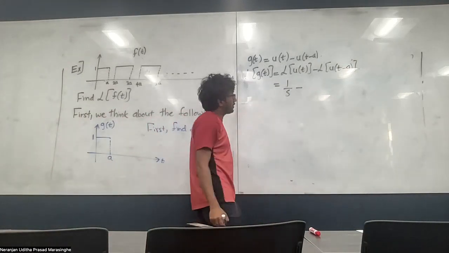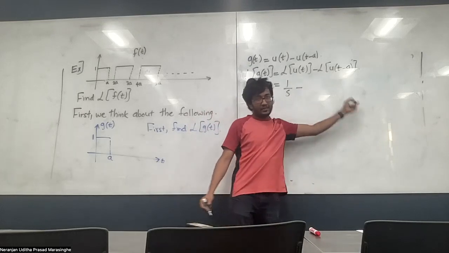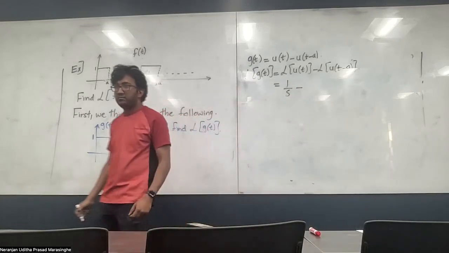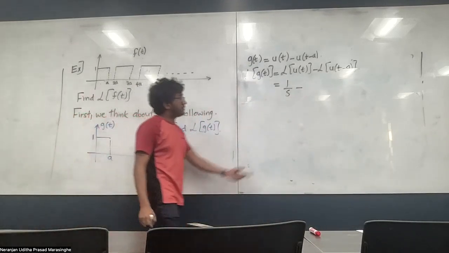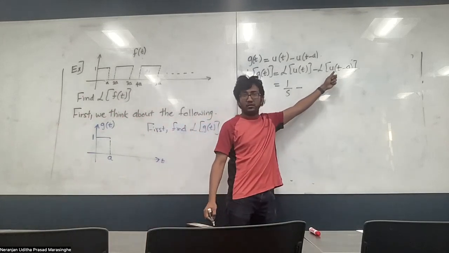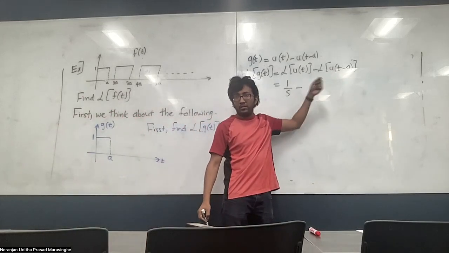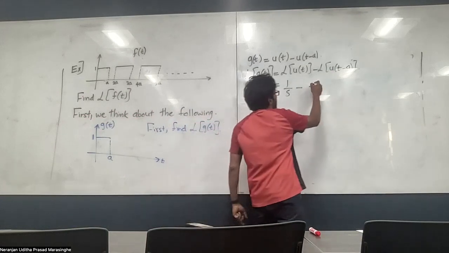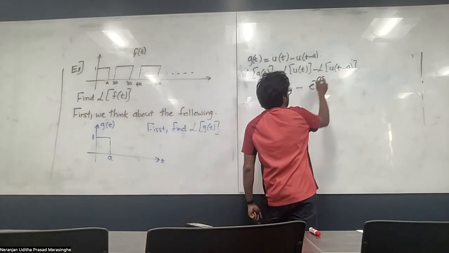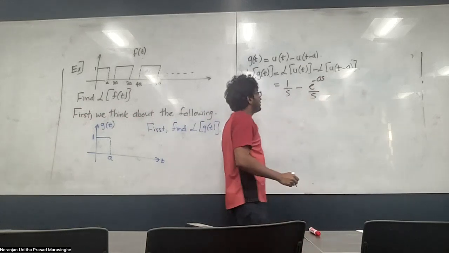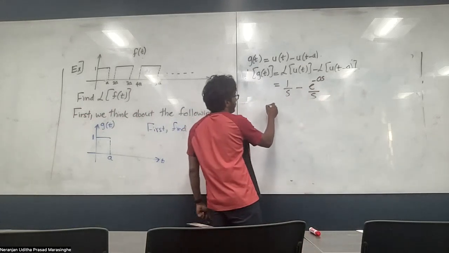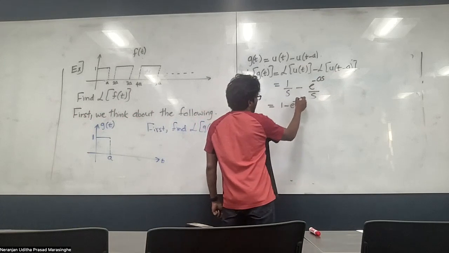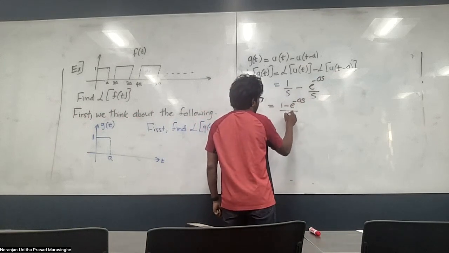Now, as I mentioned in the previous example, this is a translation in the time domain, which results in multiplication by an exponential in the Laplace domain. So you would get e to the minus as divided by s. So the Laplace of g(t) is (1 minus e to the minus as) divided by s.